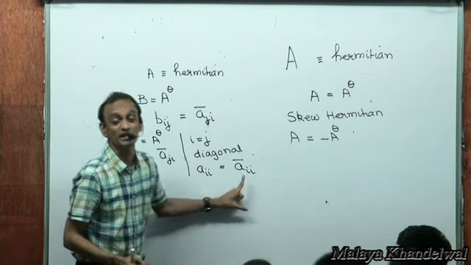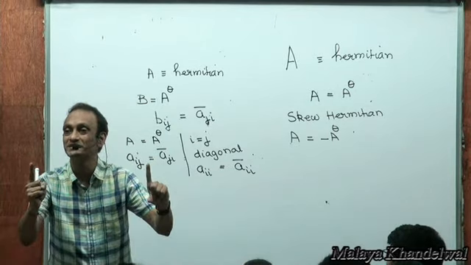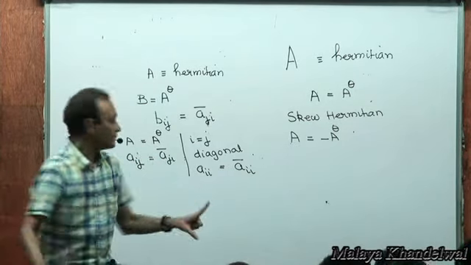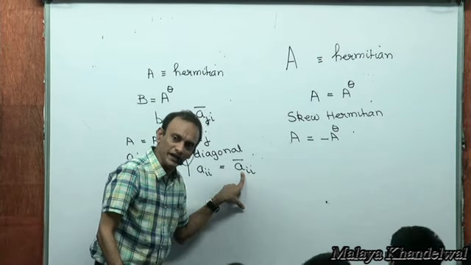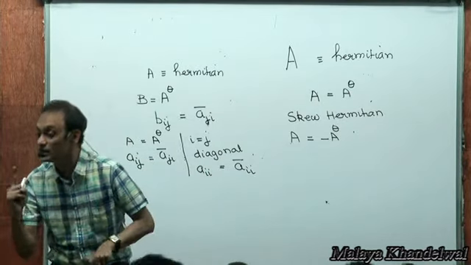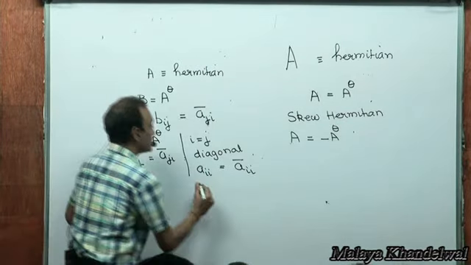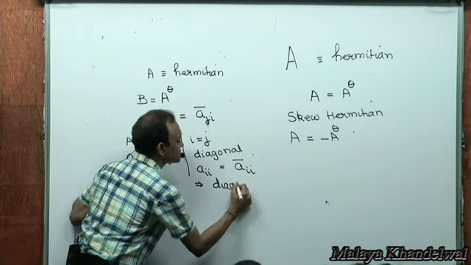That means the diagonal elements must be real numbers.